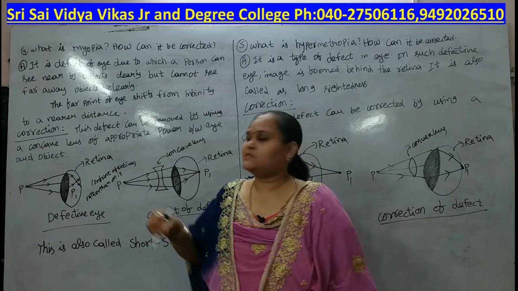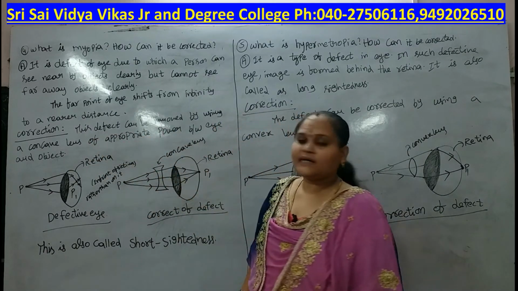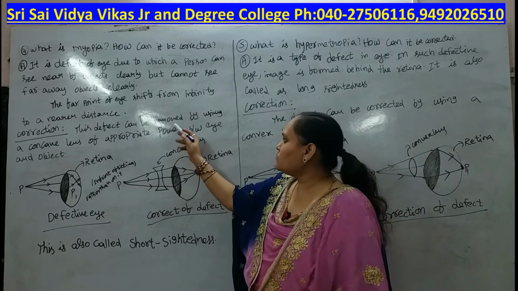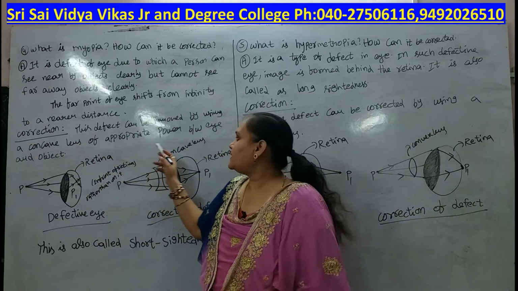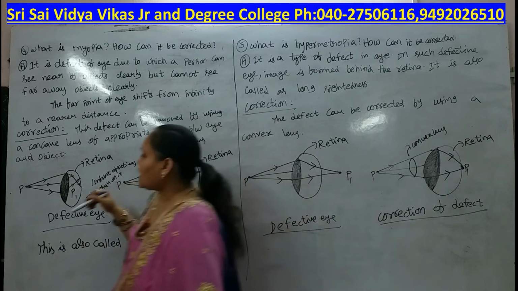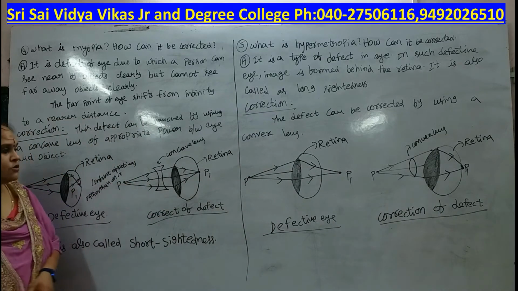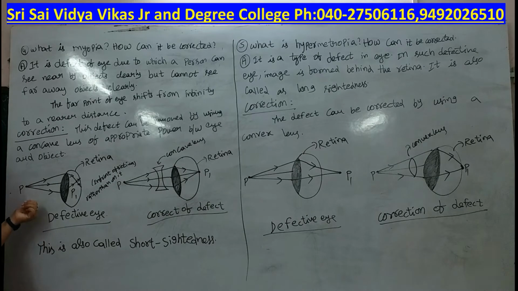Correction of this defect: this defect can be removed by using a concave lens of appropriate range or power between the eye and the object. See here, the diagram can be observed. This is the point P and this is our eye. This is the retina part. Why are we saying this is short-sightedness?